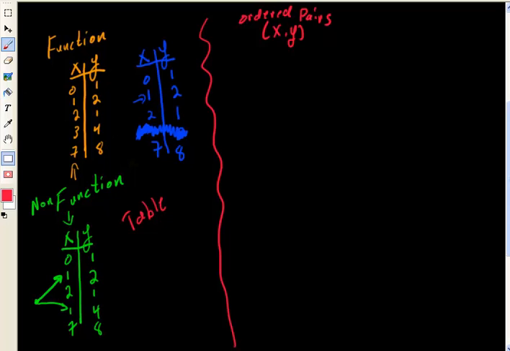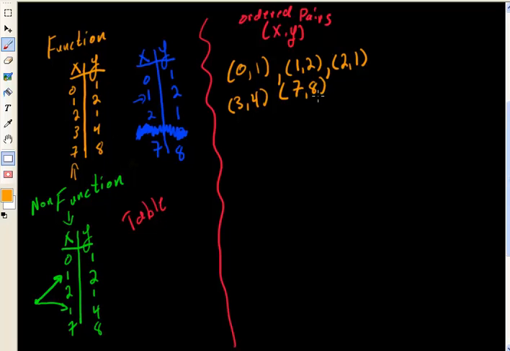I'm going to use the same numbers: 0 comma 1, 1 comma 2, 2 comma 1, 3 comma 4, and 7 comma 8, right? All the first numbers are my x's, all the second ones are my y's.